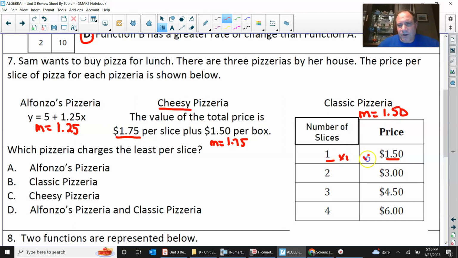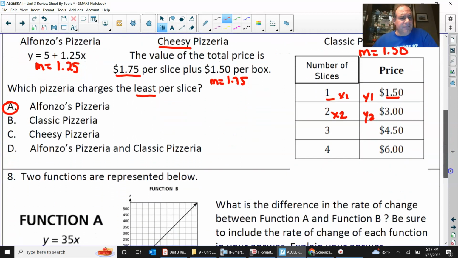You could do x1, y1, x2, y2, but when they have the 1 next to it, you know everything is to a unit of 1. So when they have that 1 and then the price next to it, that's $1.50 a slice. So which pizzeria charges the least per slice? We're looking at Alfonso's at $1.25.